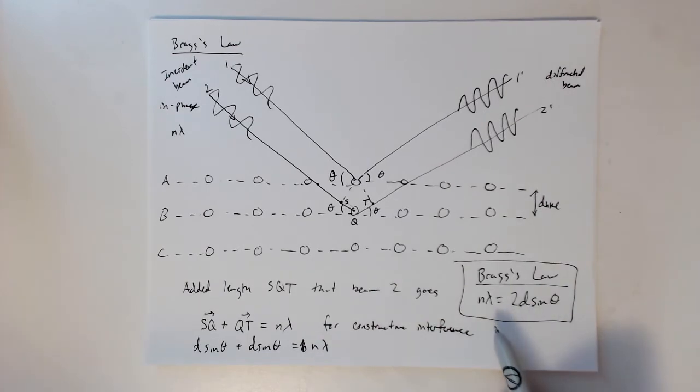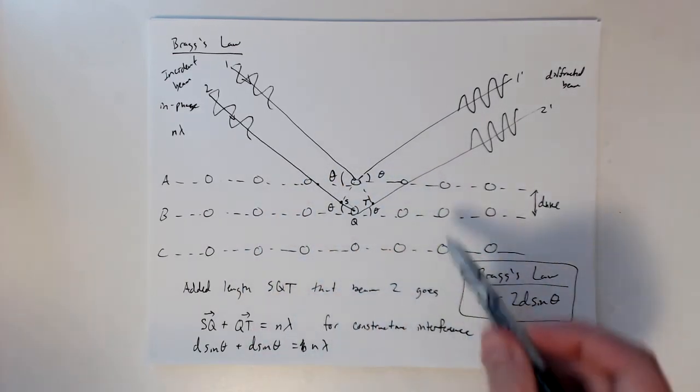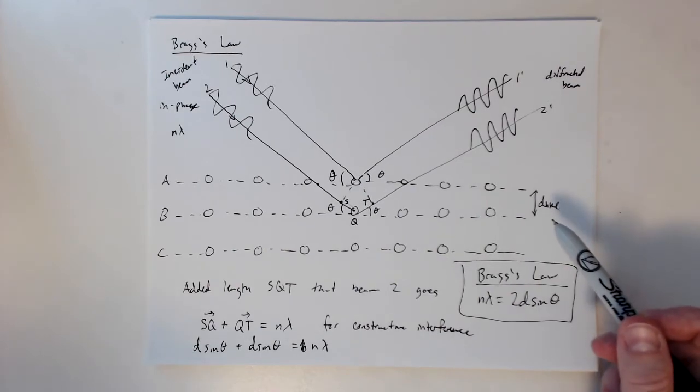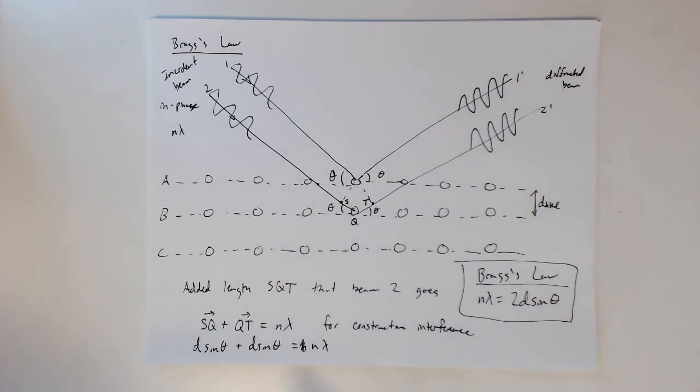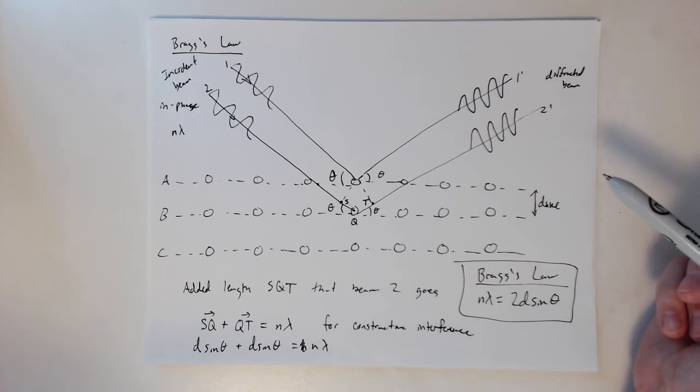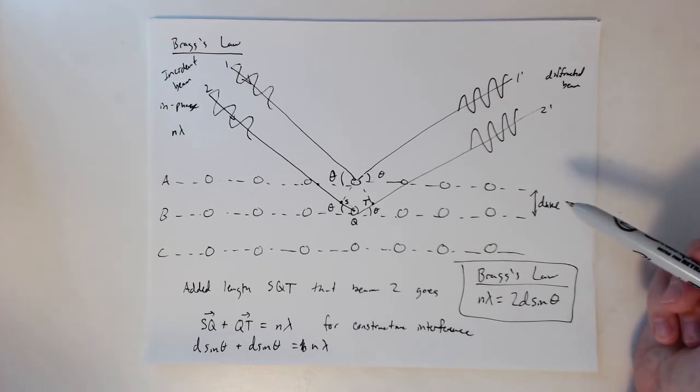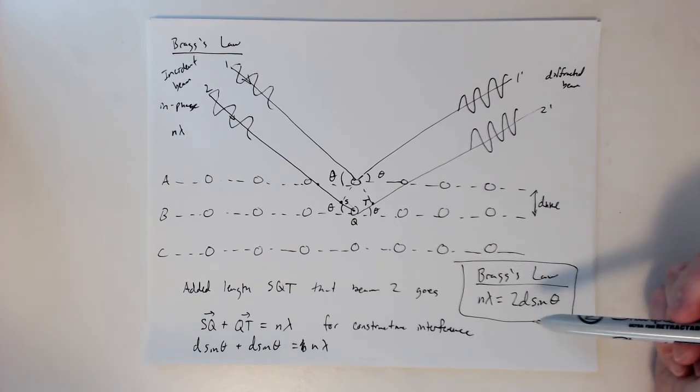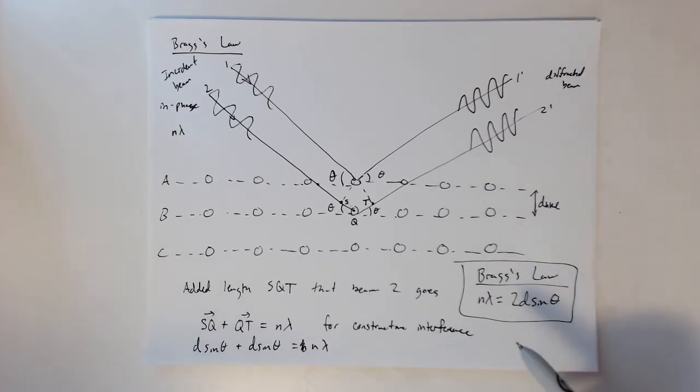We have a relationship between our material and its interplanar spacing related to the wavelength of light in order for the diffracted beam to be in phase, or constructively interfere. That's where Bragg's law comes from, and it's a very simple geometric argument that we make in this case.